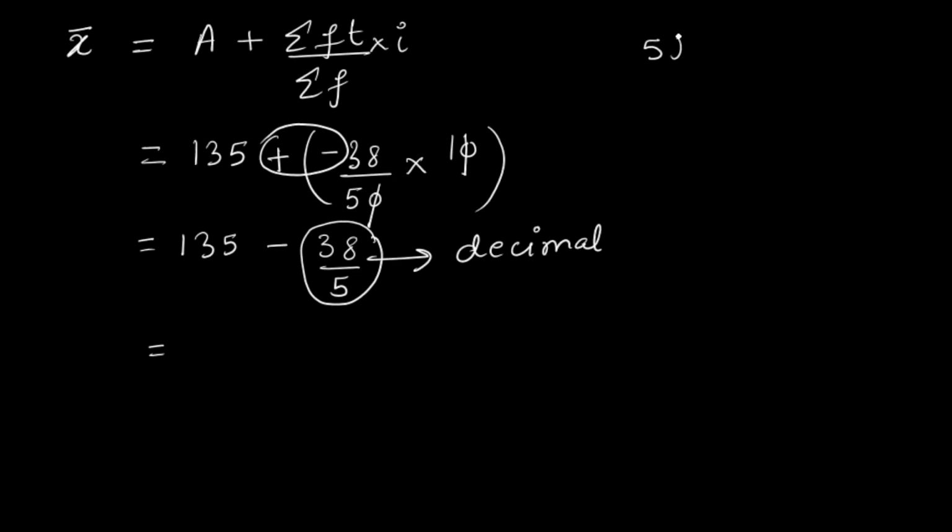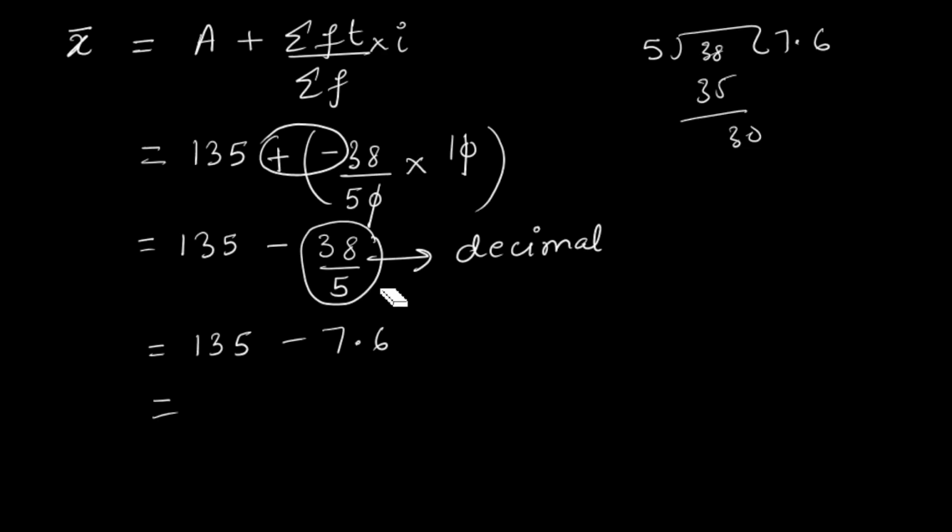So 5 will divide 38. 5 into 7, 35. So we will get 7.6. So 135 minus 7.6. If you convert it into decimal, it will be much easier. Don't take LCM here.